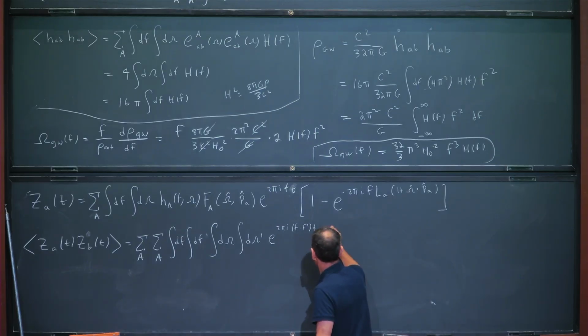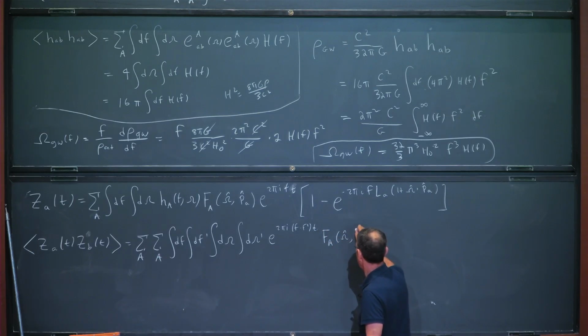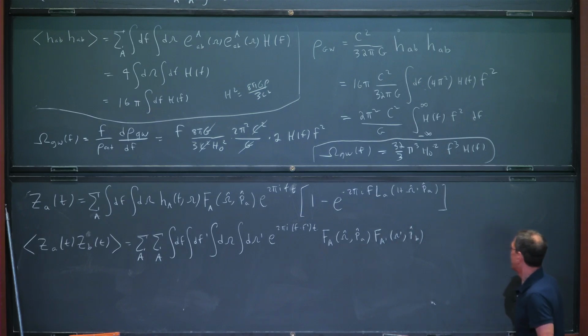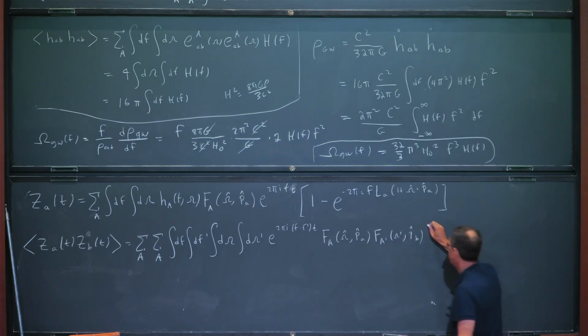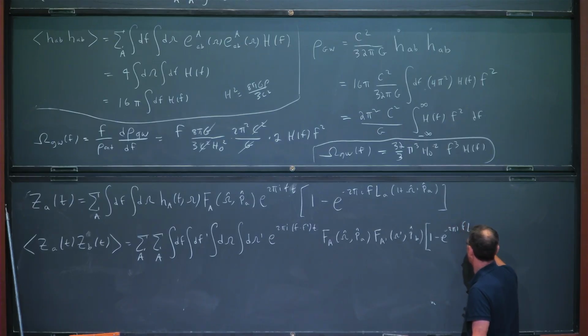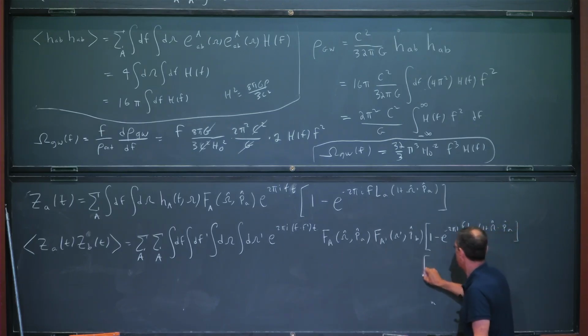There's going to be a geometrical response for pulsar A in direction omega, and the same quantity in direction omega prime for pulsar B. And then, and this turns out to be interesting, there's going to be the difference between the Earth and pulsar terms for the first and for the second pulsar.